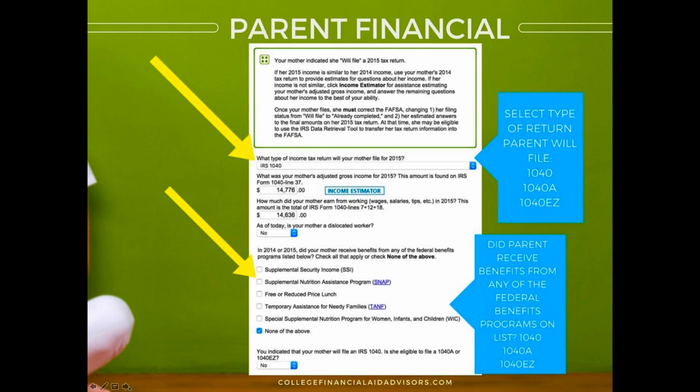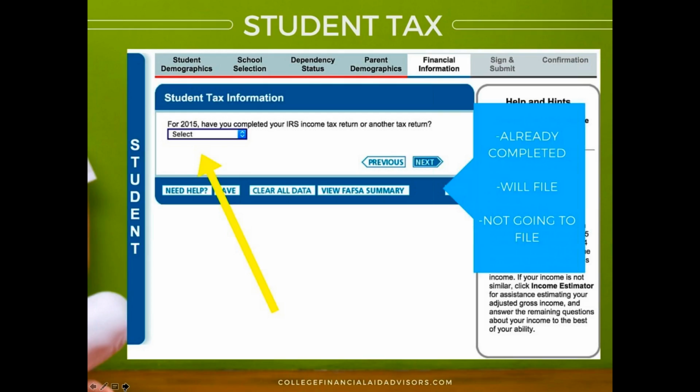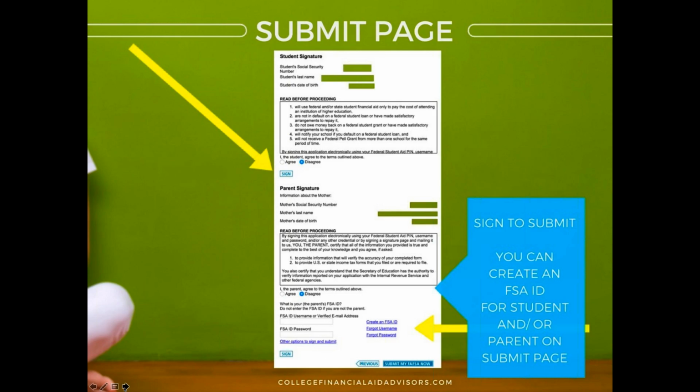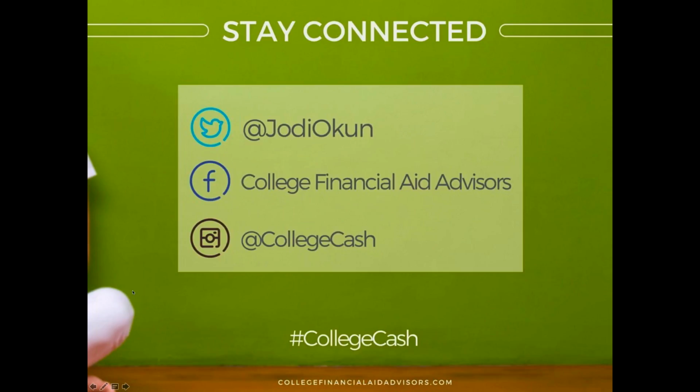Another question: are you safe to use the 2014 tax return if you do not believe your financial situation is much different? I say that you're very safe if your finances look pretty close to last year. Then absolutely, 100%, use 2014, because remember, you are going to be logging in and using the IRS data retrieval tool to update your application.